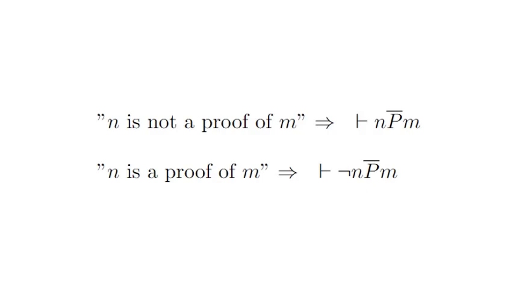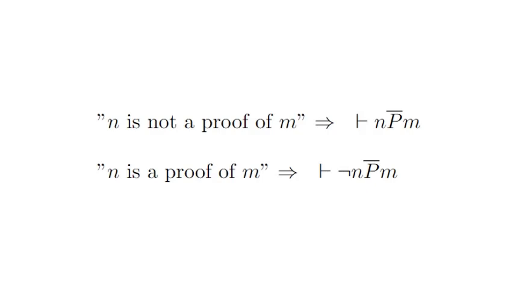So if n is not a proof of m, we will be able to prove nP̄m. If n is a proof of m, we will be able to prove the negation of nP̄m.